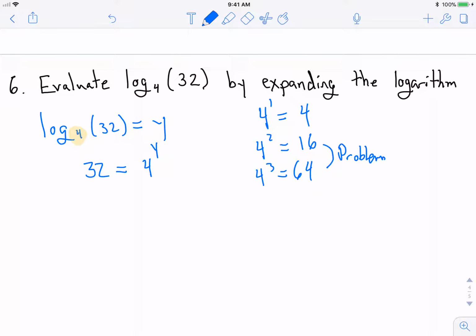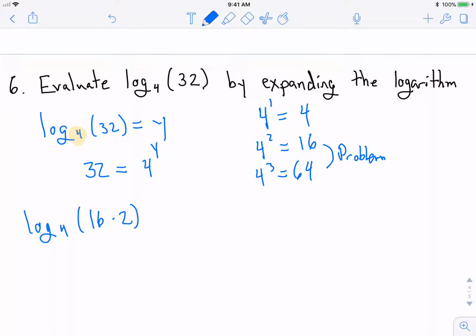But we can break apart 32 to actually make it to be some nice powers of 4. And what we can do is, instead of looking at log base 4 of 32, we'll look at log base 4 of 16 times 2. 16 is 4 squared, 2 is the square root of 4, so everything works out nicely.